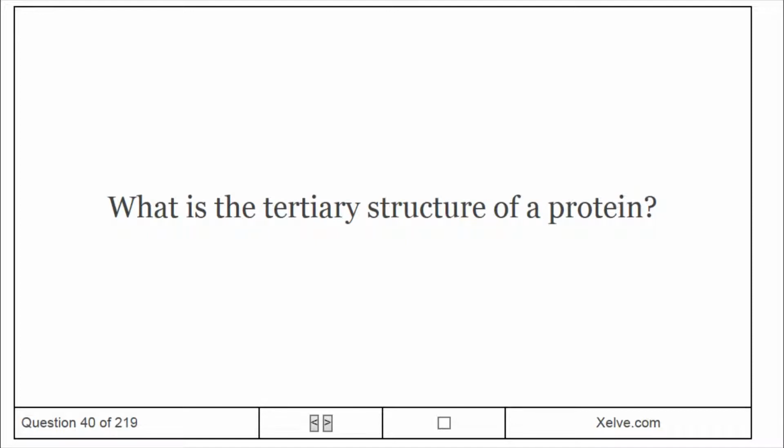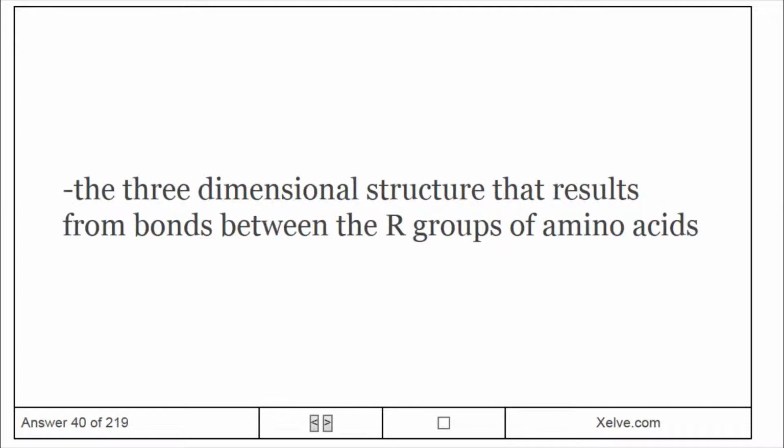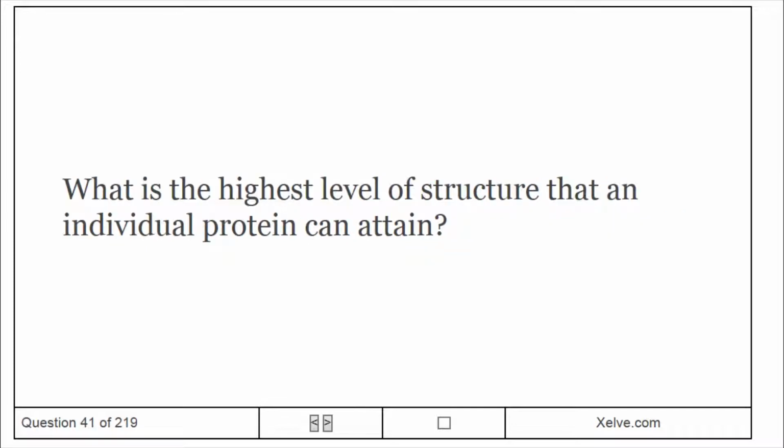What is the tertiary structure of a protein? The three-dimensional structure that results from bonds between the R groups of amino acids. What is the highest level of structure that an individual protein can attain?